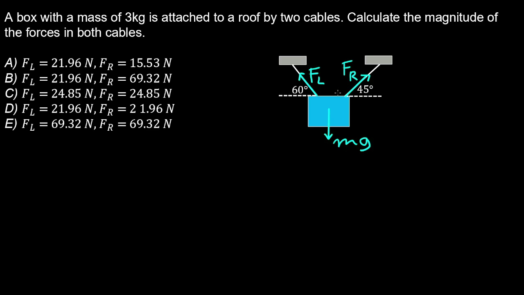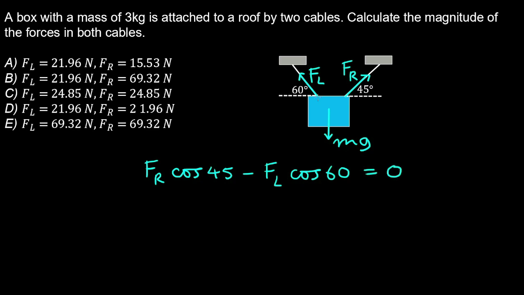And applying Newton's first law in the horizontal direction, we have FR cosine 45 degrees minus FL by cosine 60 degrees is equal to 0.